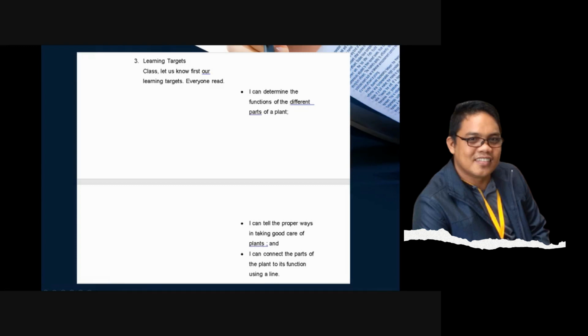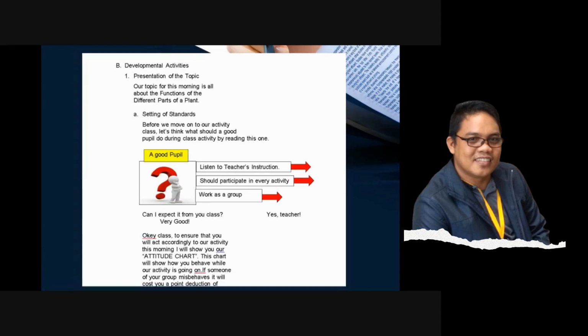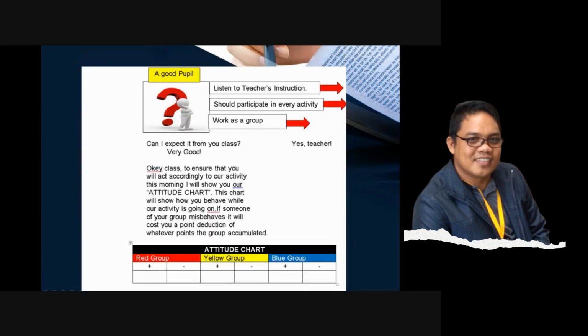So, ganyan po. 3. Letter B, under the developmental activities is presentation of the topic, then setting of standards. Ang ginawa po niya dito ay napakagaling kasi gumawa po siya ng strips of paper na ni-pull out at naglagay po siya ng attitude chart.